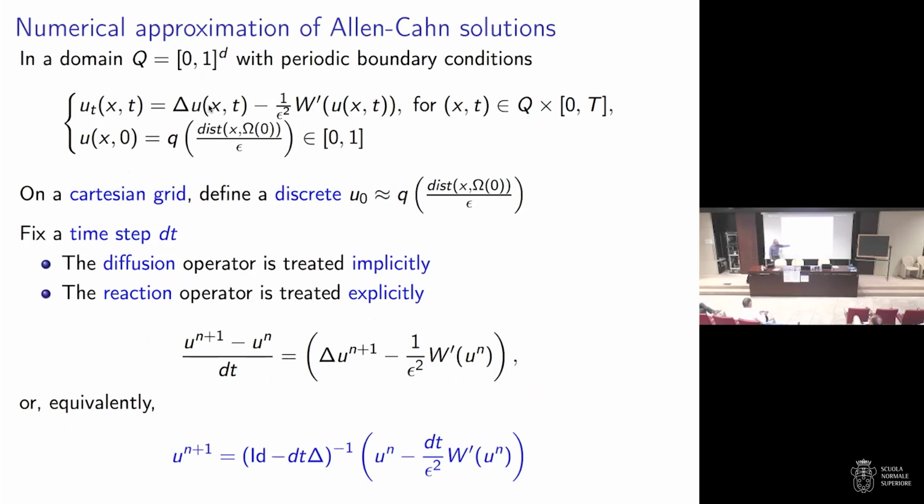You handle implicitly the diffusion operator, because this is very easy to do with the fast Fourier transform, and explicitly the reaction operator. And so, of course, you can write that directly in this way. I will come back to that because it's important in connection with what I will say just after.